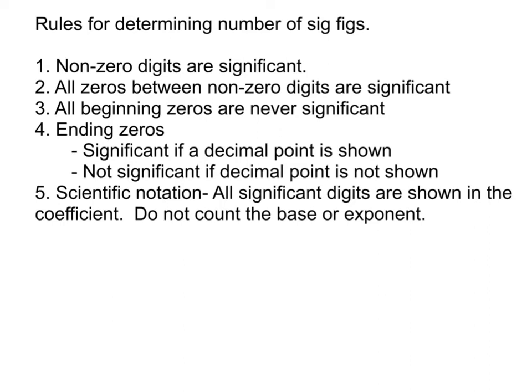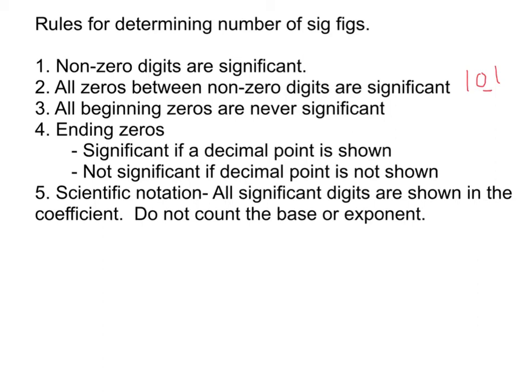Rule 2: all zeros between non-zero digits are significant. I'm going to write an example of that for you. What does that mean? If I have 101 Dalmatians, I know for certain that the 0 in between is a significant 0 because it is between 2 non-zero digits.